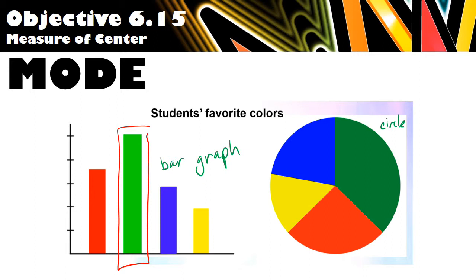And when we look at the circle graph here, once again, green is the biggest piece, so we can say that the most students chose green, and the word we use for most is the mode.